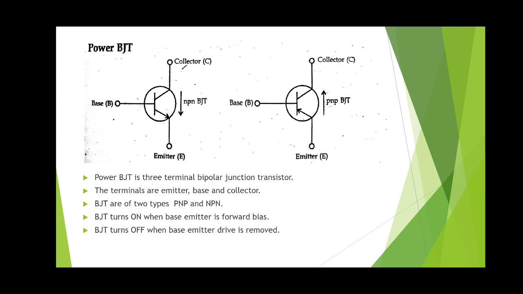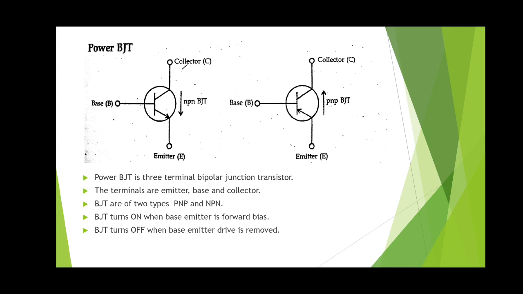So power BJT is a three terminal bipolar junction transistor. Bipolar means the conductivity in this device is due to two types of charge carriers, that is the holes and electrons. The terminals are emitter, base and collector. BJTs are of two types, that is NPN and PNP.